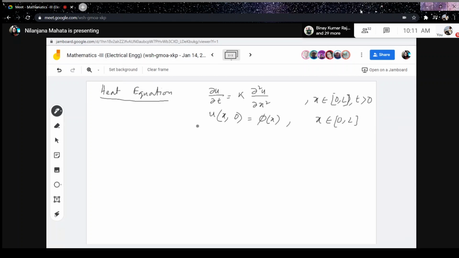So you have to solve this heat equation.